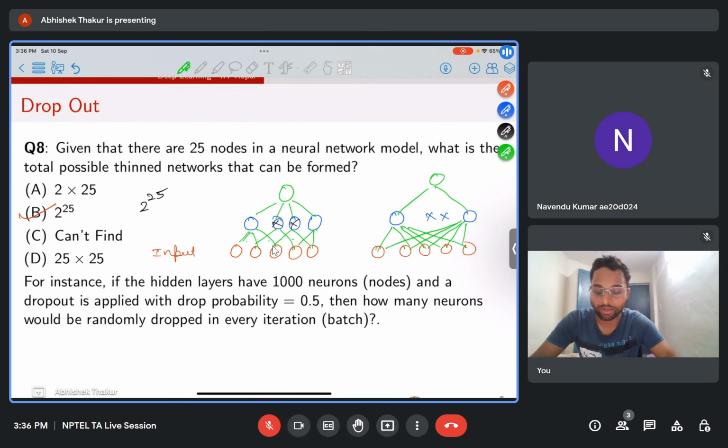So dropout applies a masking noise to the hidden units and prevents hidden units from co-adapting, because if the other neurons are very active, it does not adapt from them.